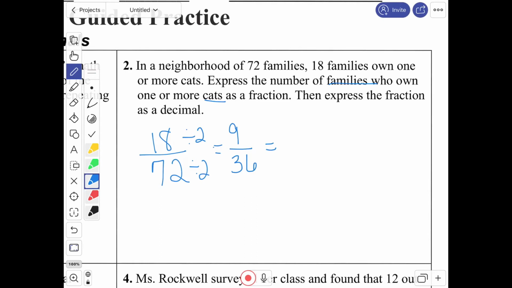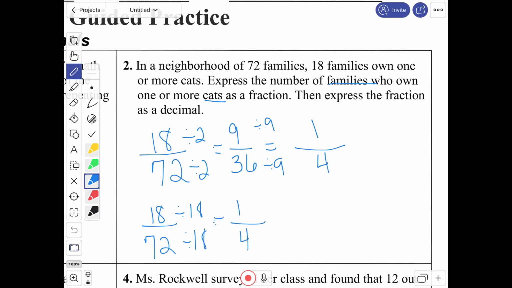And then I know that I can also divide 9 and 36 by 9. 9 divided by 9 is 1, and 36 divided by 9 is 4. If you are really good at your multiplication facts, then you might have said, oh, I can divide both of these by 18.